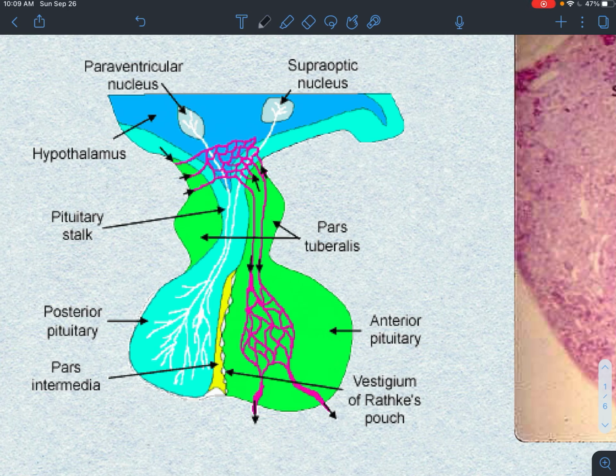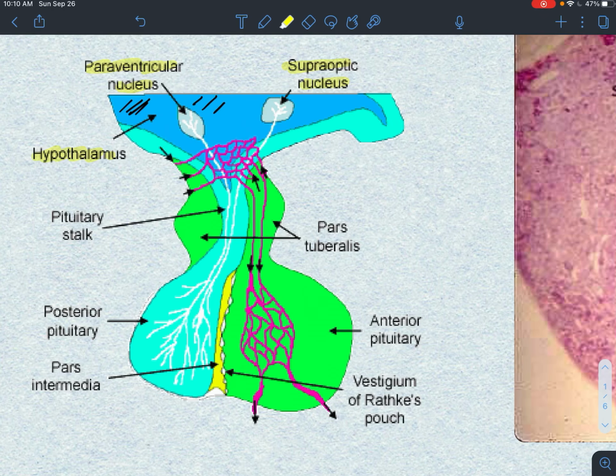let's realize that this top portion in blue up here is the hypothalamus, which is part of the brain. And the hypothalamus has clusters of cell bodies of neurons known as nuclei. And here in this picture, we've got 2 being pointed out to us, the paraventricular nucleus and the supraoptic nucleus.